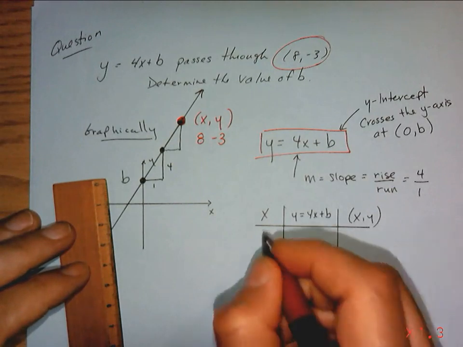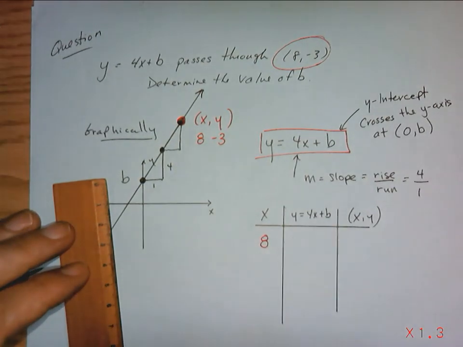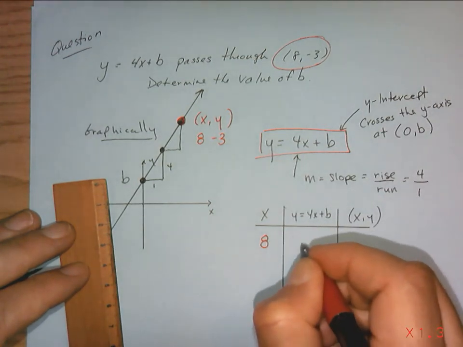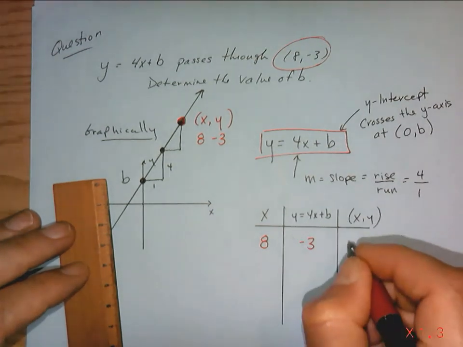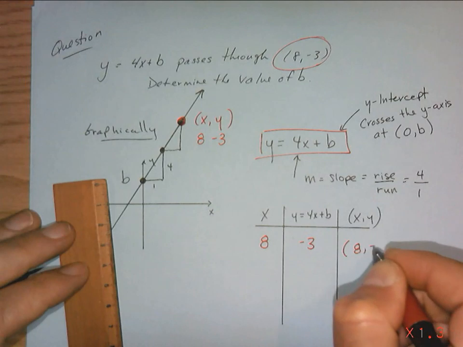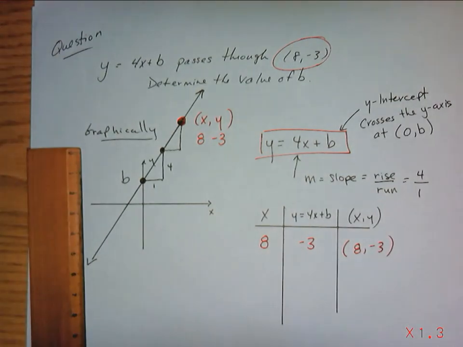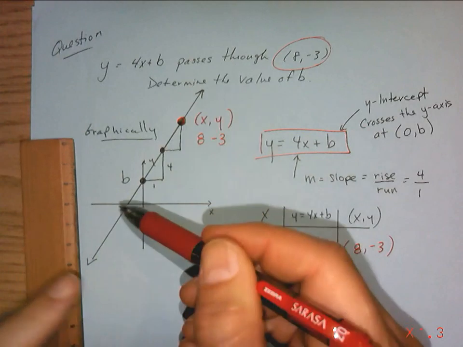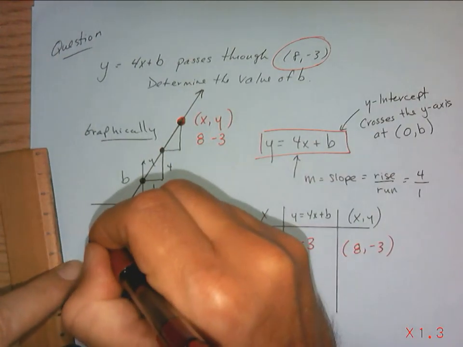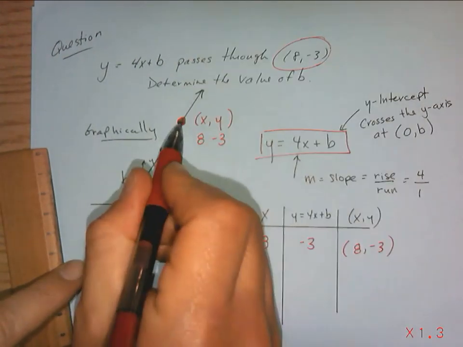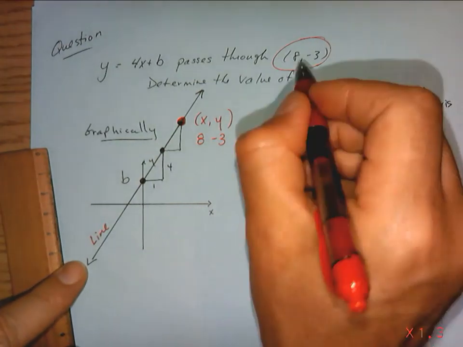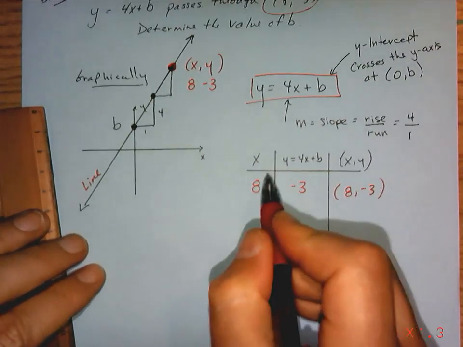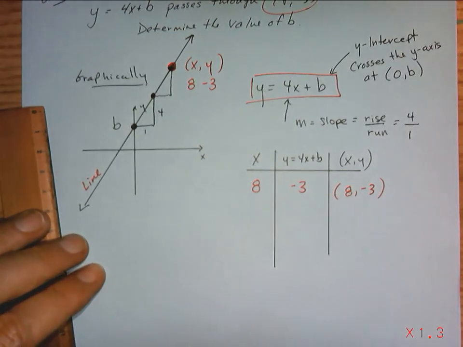Which means that at some point, if I had put an 8 in here, then this would have equaled negative 3, and it would have given me the point 8 negative 3. That's what it means for this line to pass through this point.